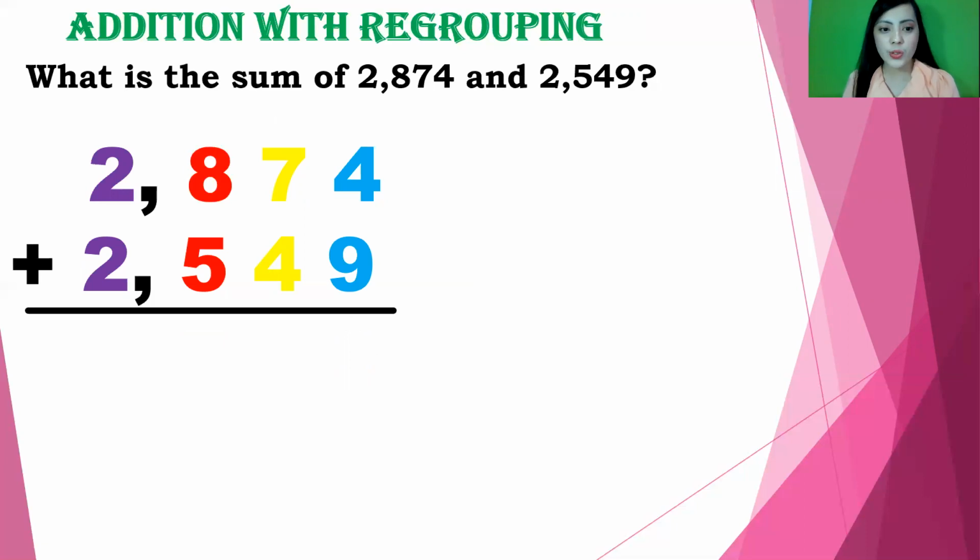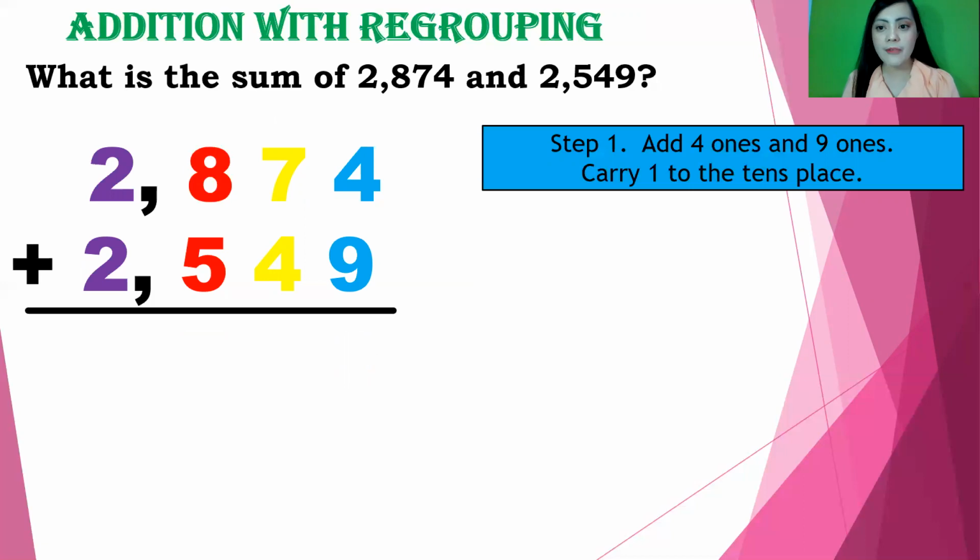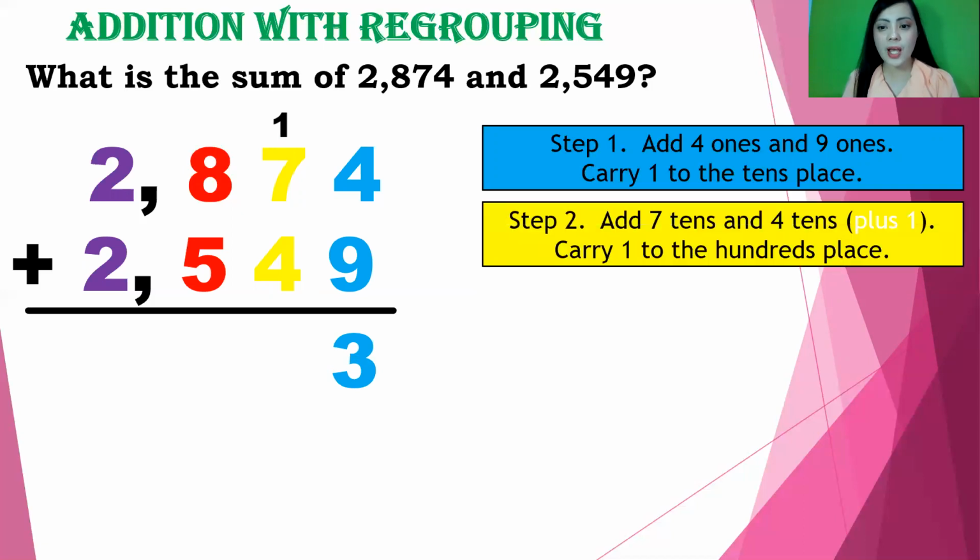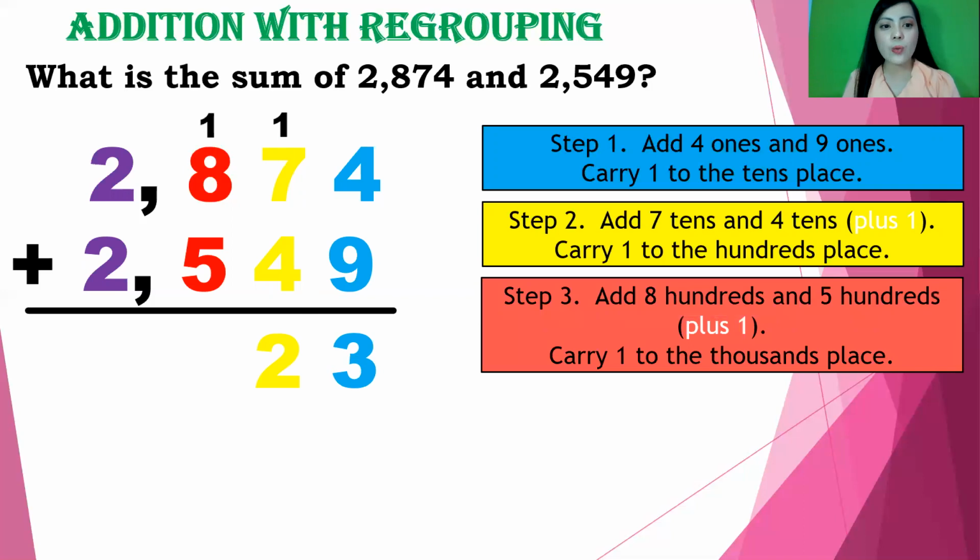Next, what is the sum of 2,874 plus 2,549? Step number 1, add 4 ones and 9 ones. So 4 plus 9 is equal to 13, right? So carry 1 to the tens place, okay? So step number 2, add 7 tens and 4 tens. 7 plus 4 is equal to 11 plus 1 is equal to 12. So carry 1 to the hundreds place. So add 800s and 500s.